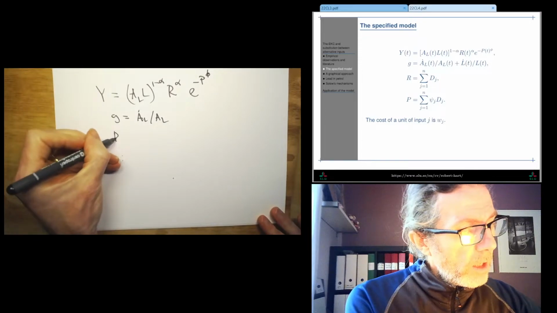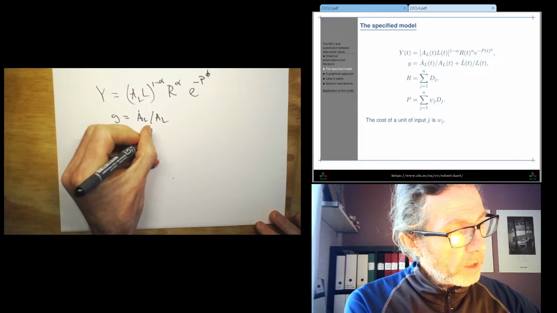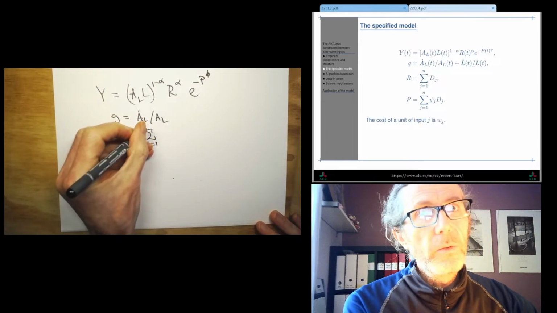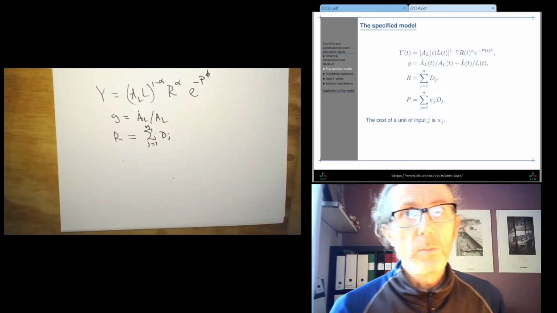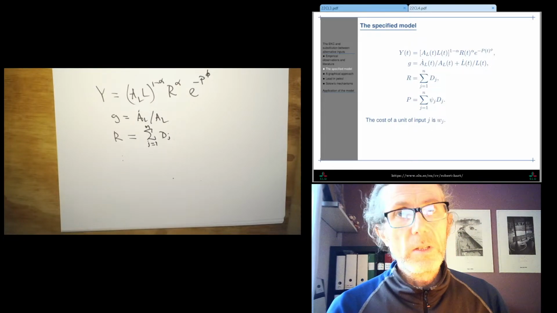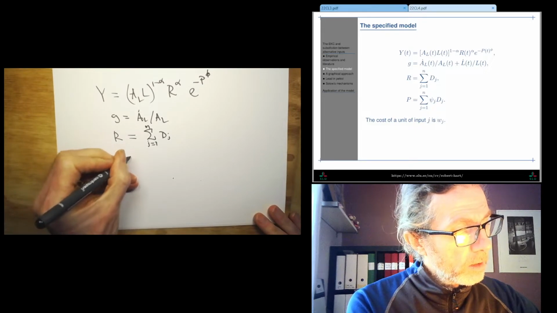And what is R? Again, we're going to keep it really simple, and we're going to say we've got a set of resource inputs, and they're perfect substitutes. So total R is just the sum of the particular inputs. And what is pollution?